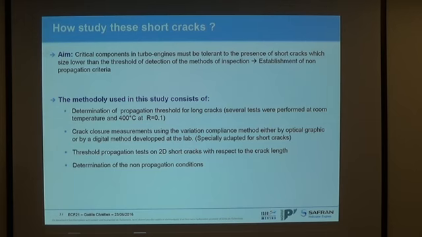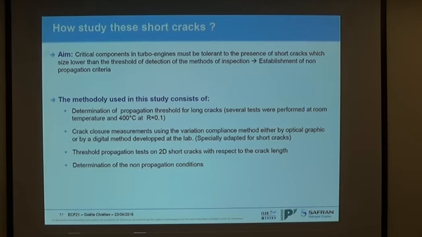So the question is, how will we study this short crack? The industrial aim is to design critical components tolerant to the presence of short crack, which size is lower than the threshold of detection of the method of inspection. So my aim is to establish the non-propagation criterion.